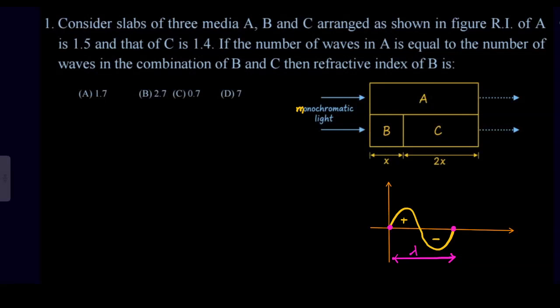Now, for example, if we have a wave like this, tell me how much the wavelength is here. This is lambda, and from here to here is another lambda. How many waves are there here?